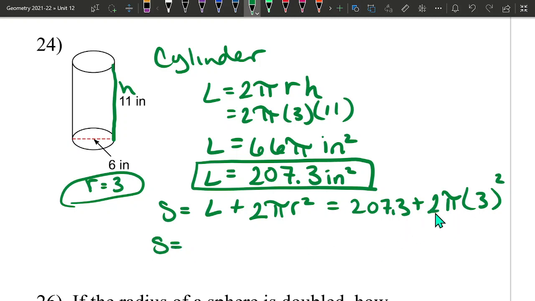So I have, oh wait, I wanted to do this in terms of pi, not 207.3. 66 pi plus 2 pi times 9. 9 times 2 is 18, so 18 pi. So I have 66 pi plus 18 pi.